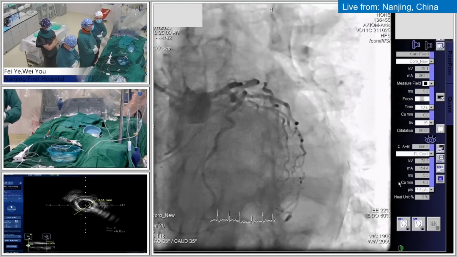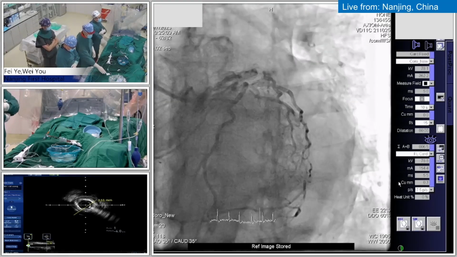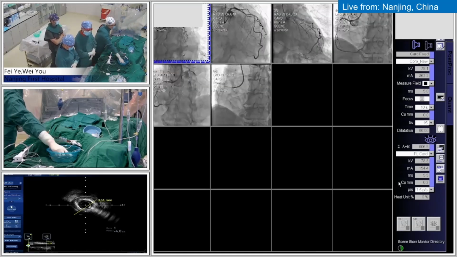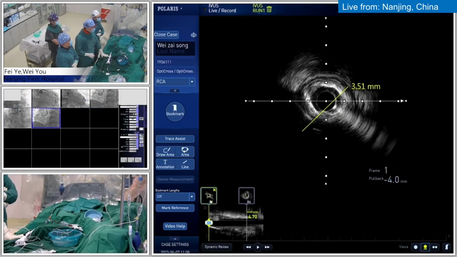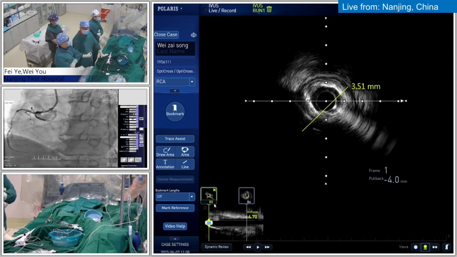And Dr. Panton, will you show the first IVUS image to us? Okay. Let me show the IVUS imaging. The first one, we check IVUS from the proximal RCA to the ostium RCA, but the calcium lumen is very small, so the IVUS cannot reach the distal RCA.